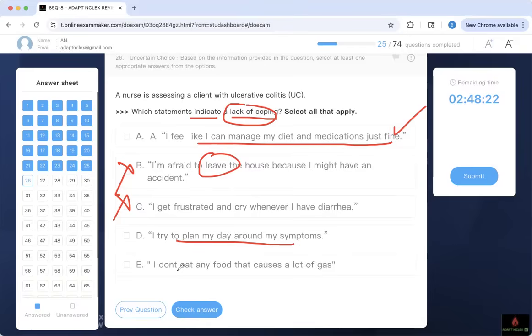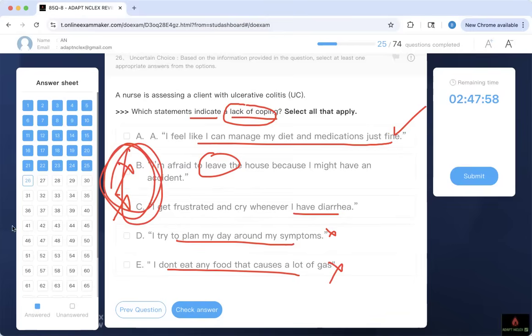So these are little things that you should figure out. Then frustrated and cry whenever I have diarrhea, these two, she's not coping. That's a problem.